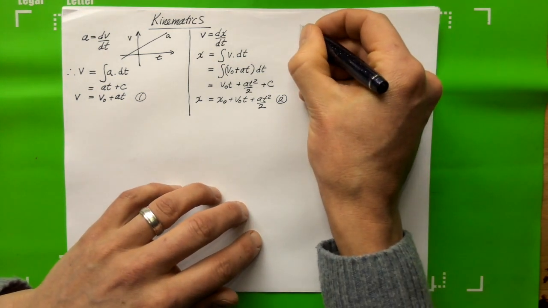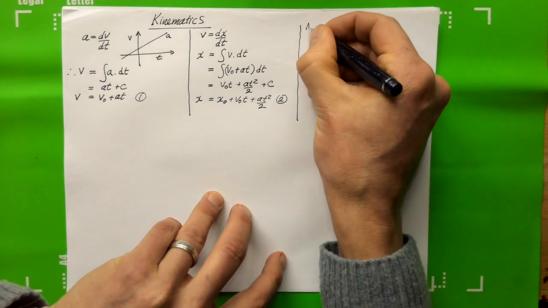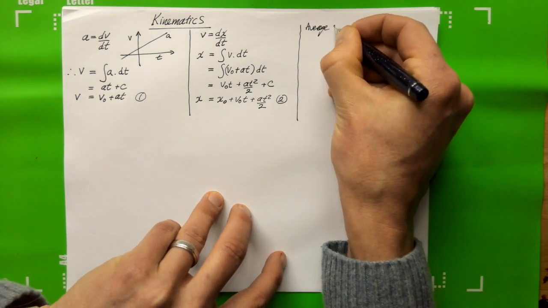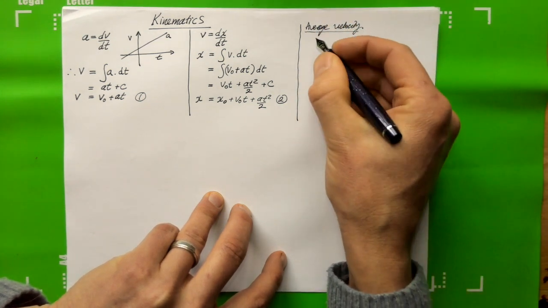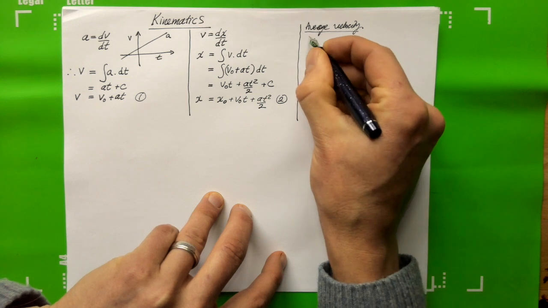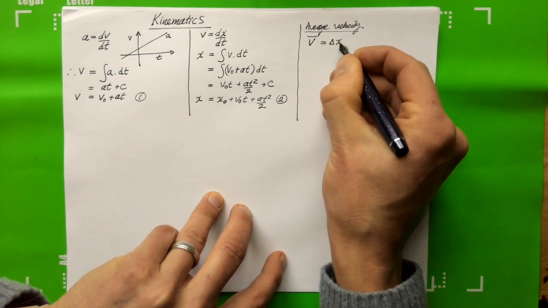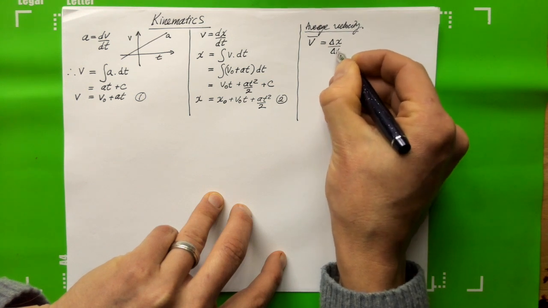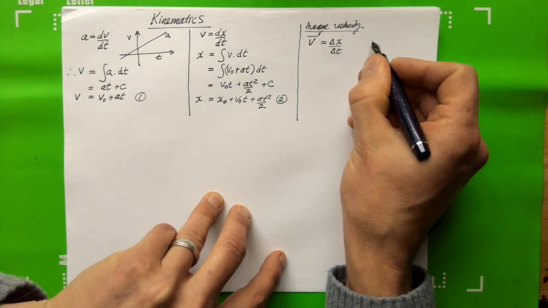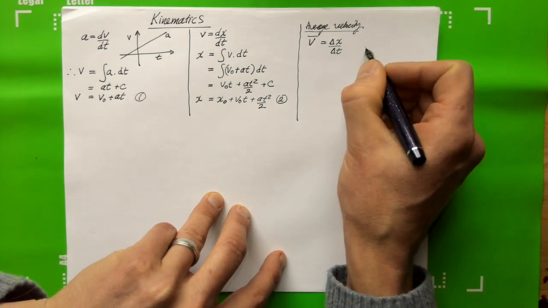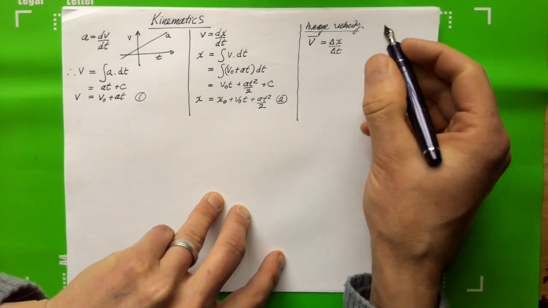Now we're going to move on, and we're going to look at another way of defining velocity. We're all familiar with the idea of average velocity. The average velocity is commonly written as v with a bar above it, and it is the change of position over the amount of time that has elapsed. If we're moving at constant velocity, this is the same as the instantaneous velocity at all times. If the velocity is changing, however, this is only the average velocity and might not be equal to the actual velocity at any particular time.